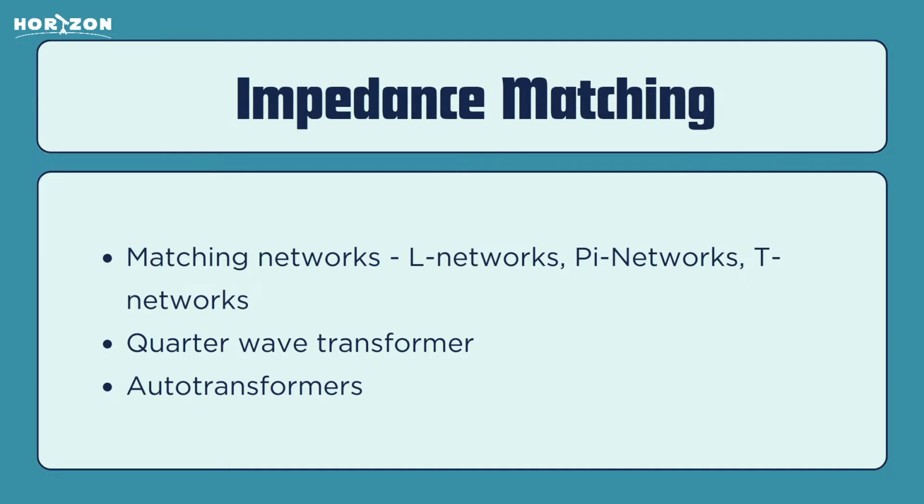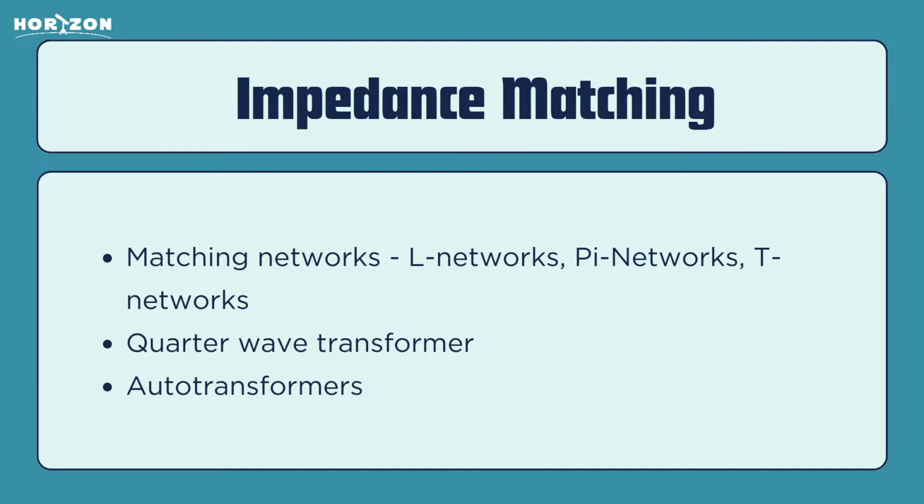A quarter wave transformer is the use of a short length of transmission line, which is a quarter of the wavelength, with an impedance that is equal to the geometric mean of the antenna and the transmission line.